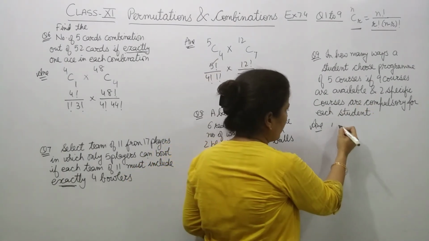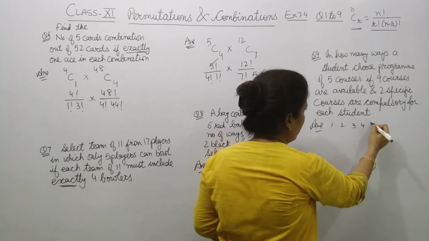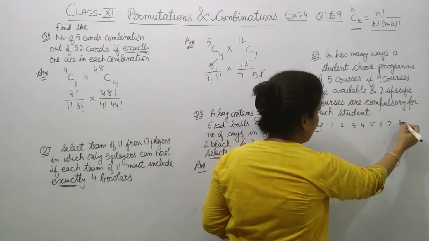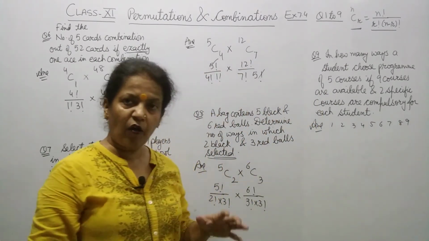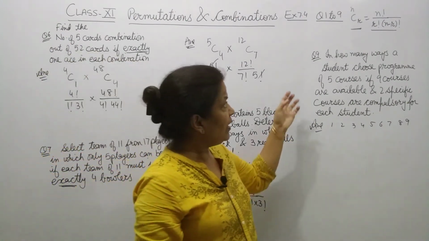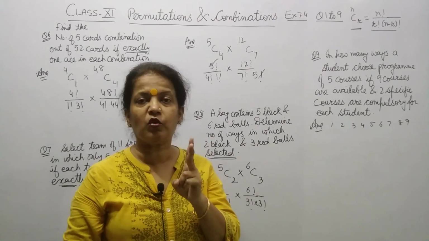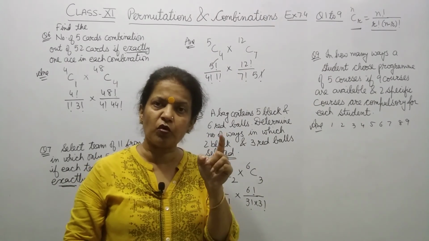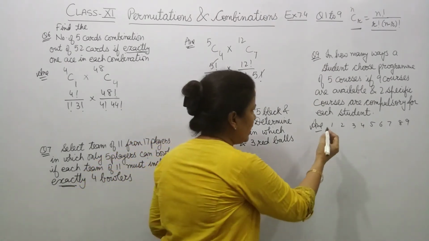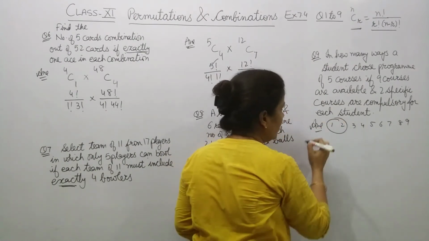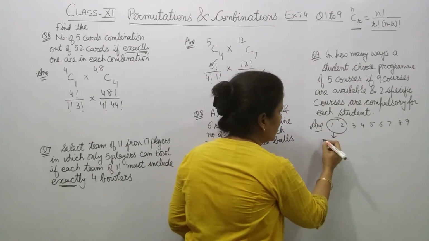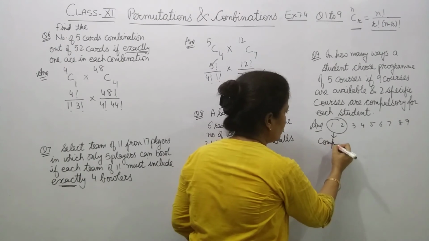Suppose that the courses are 1, 2, 3, 4, 5, 6, 7, 8, 9. So out of these 9 courses, each and every student has to select specific 2 courses. Means everyone has to take those 2 courses. So let's assume these 2 courses are compulsory. These are compulsory to take.